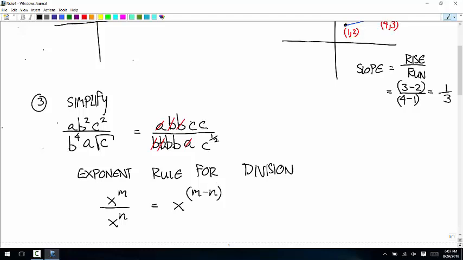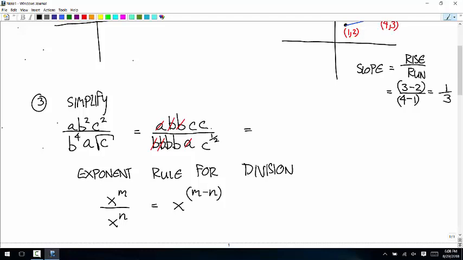And so using that, all that stuff on the top canceled except those c's. And on top, I'm going to use the exponent rule. Since I already wrote it out as c times c, this c here is c to the first power.